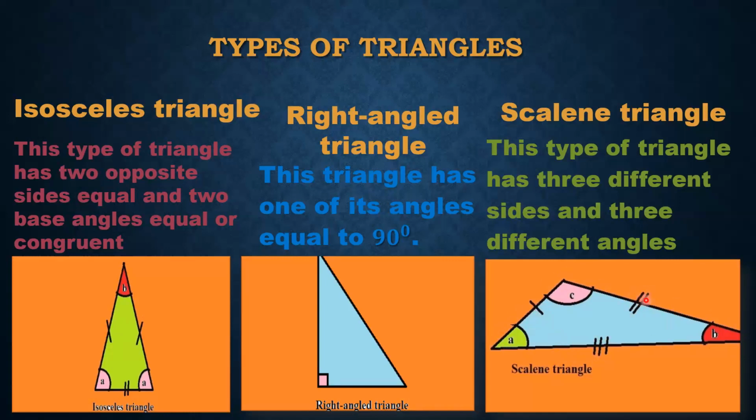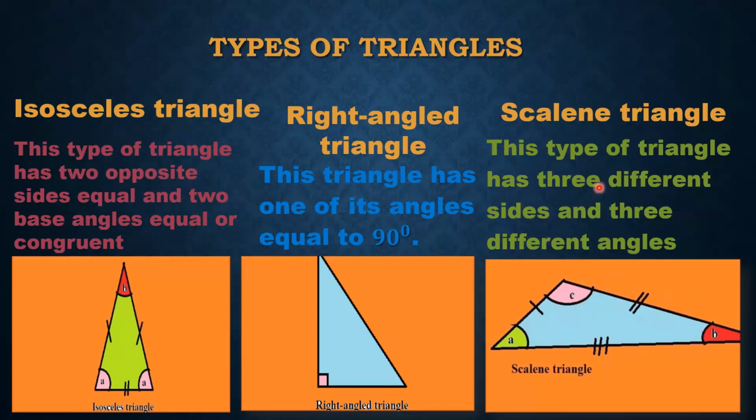The marks on the lines show clearly that those lines are not the same. Here it has only one mark, two marks, and three marks, which means the lines that form this triangle are not the same. It has three different sides. Once it has three different sides, the internal angles here are also different: A, B, and C.